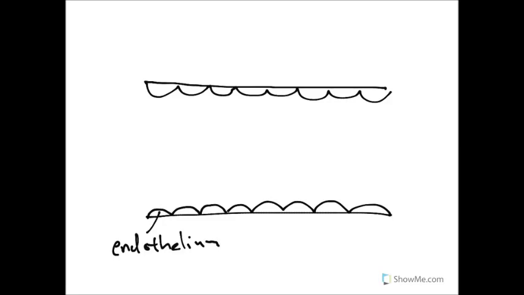This is nothing more than simple squamous epithelium, and underneath that is the connective tissue, the basal lamina and basement membrane tissues. I'll write BL for basal lamina, and there will be some connective tissues with collagen fibers present.